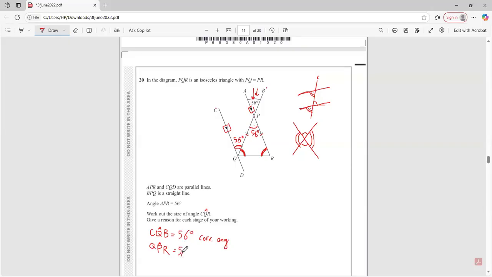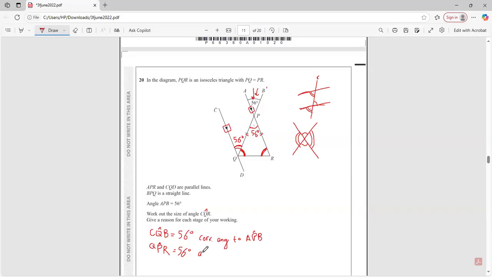And the reason, I can give you two reasons there. Let me be specific. Corresponding angle to APD. Okay, that's the reason for that one.